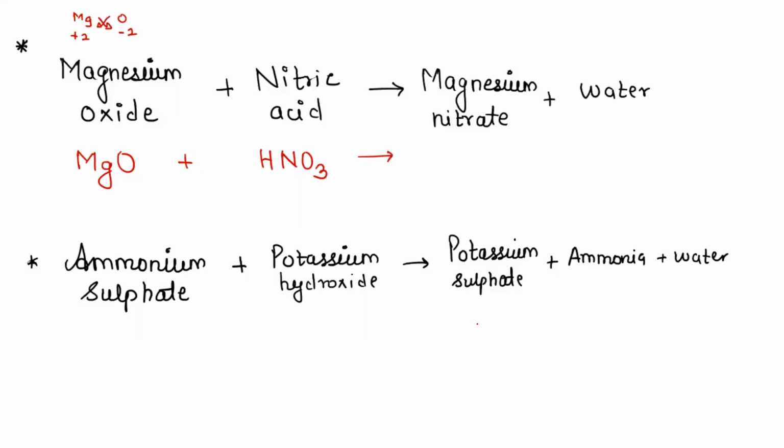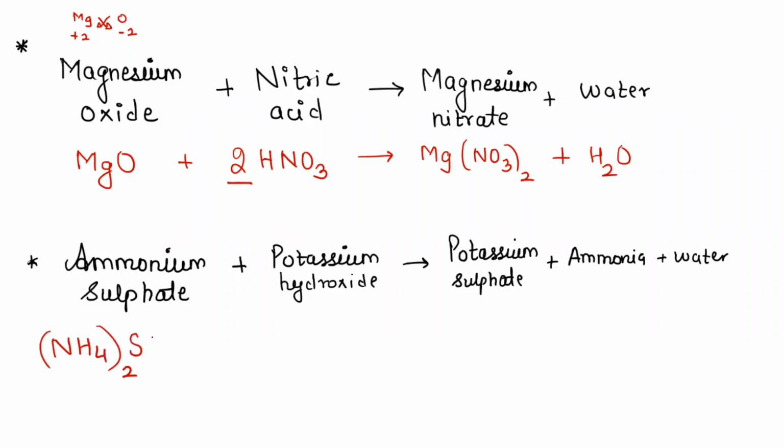Giving you magnesium nitrate, which is Mg(NO3)2, plus H2O. So it will be 2HNO3. Ammonium sulfate, (NH4)2SO4 plus KOH gives K2SO4 plus NH3 plus H2O.